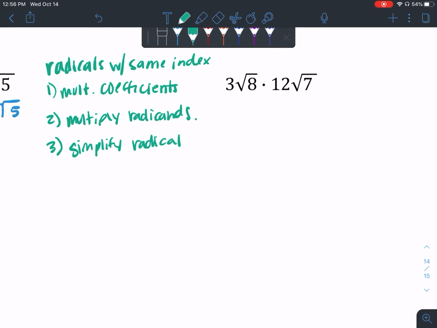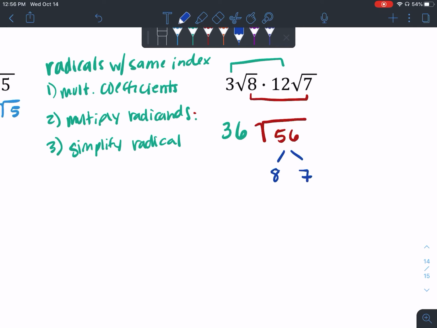First thing I said, multiply those coefficients. So we're going to do 3 times 12, which is 36. Then multiply the radicands. This one will give me the square root of 8 times 7, which is 56. Now we need to see, does 56 break down? I know that was actually just 8 and 7. 8, we know is 2, 2, 2.